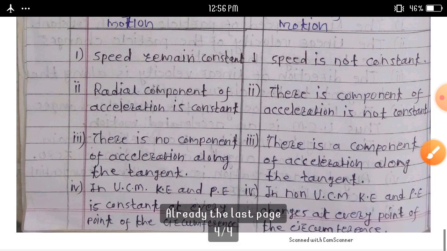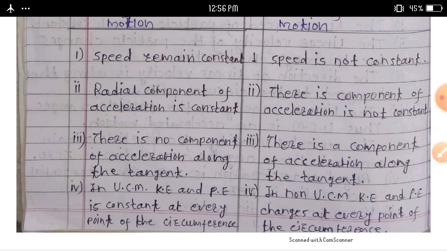And the next one: in uniform circular motion, kinetic energy and potential energy are always constant at every point of the circumference, and in non-uniform circular motion, kinetic energy and potential energy change at every point of the circumference. In this way, we can distinguish between uniform circular motion and non-uniform circular motion.